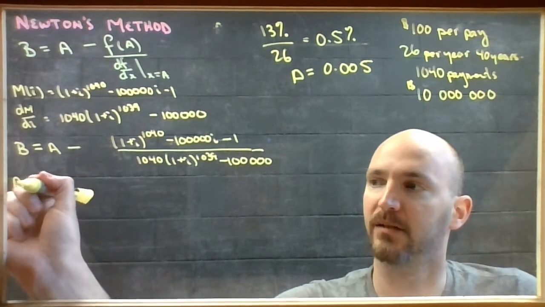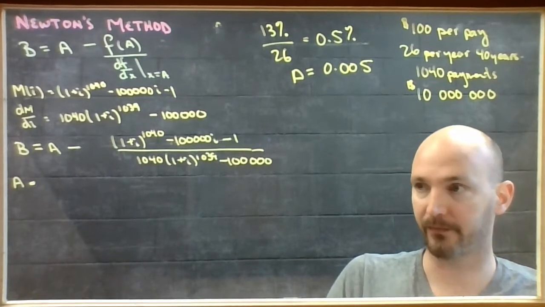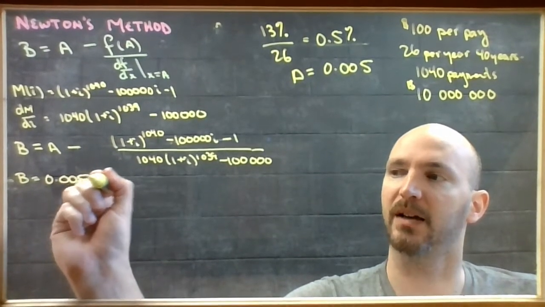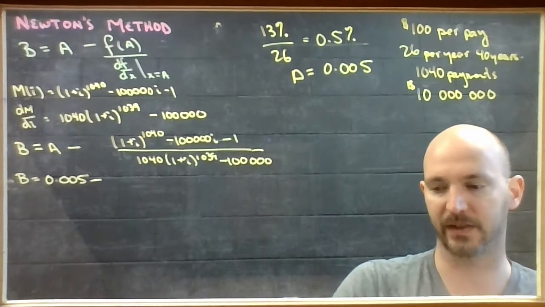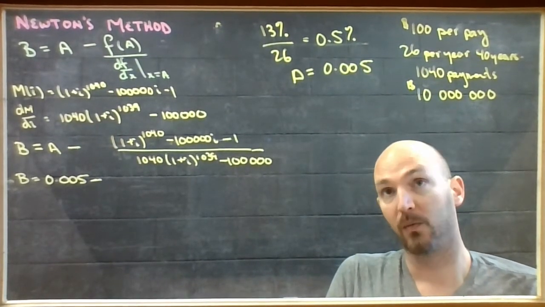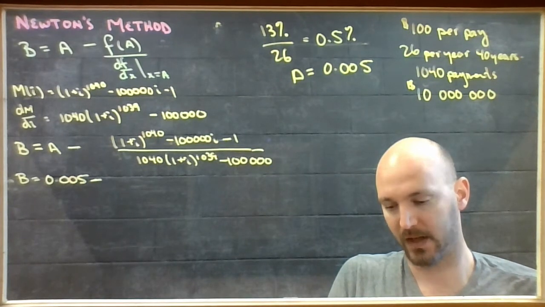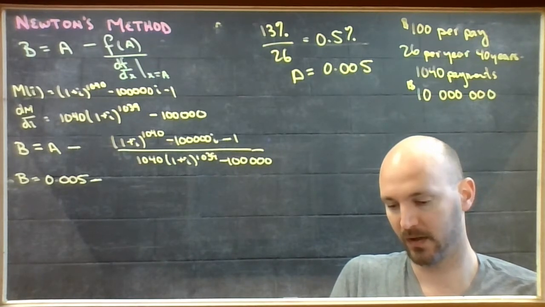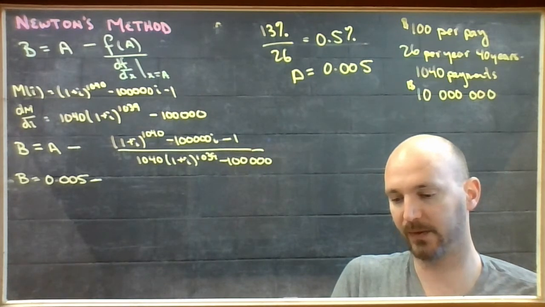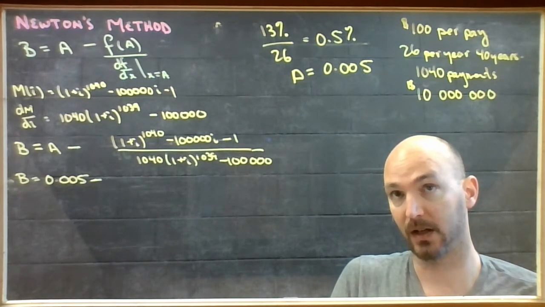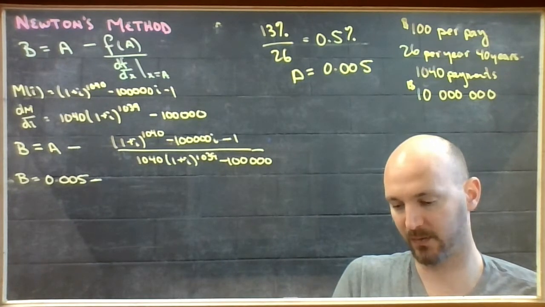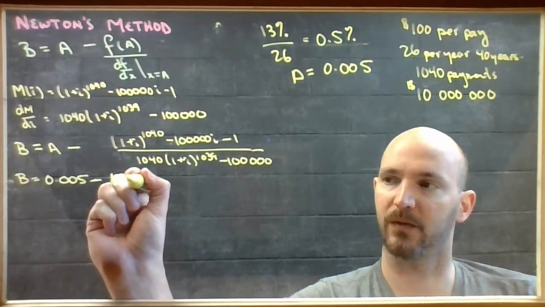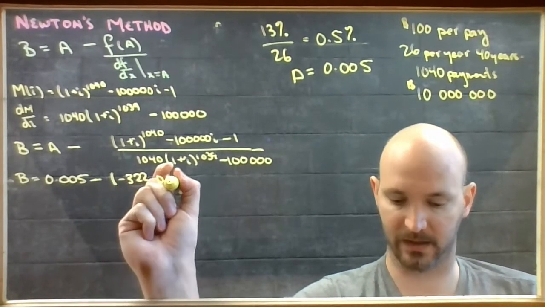So in it goes. My new guess will be 0.005 minus, and I'm not going to fill it in, I'm just going to type it in, 1 plus 0.005 to the exponent 1040 equals, subtract 100,000 times 0.005 equals, subtract 1 equals negative 322.061.